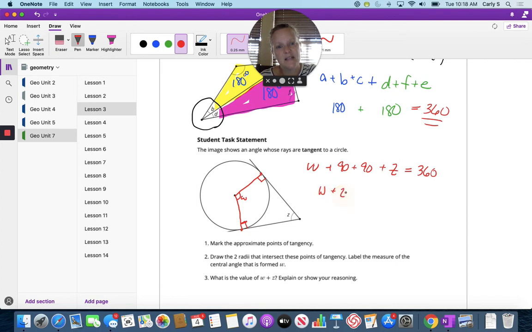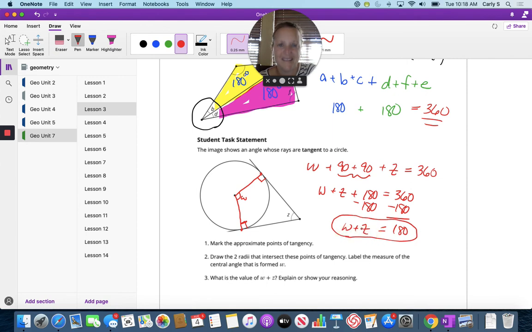W plus Z plus, I'm going to gather like terms. 90 plus 90 is 180. Subtract 180 from both sides. So W plus Z equals 180. And that's not a mistake. That's another rule that you're going to want to write down because it works every time. W plus Z equals 180.